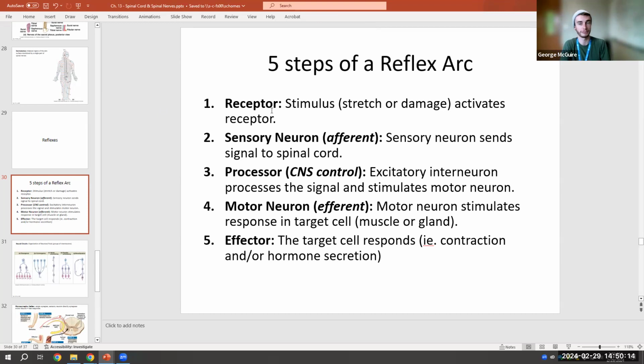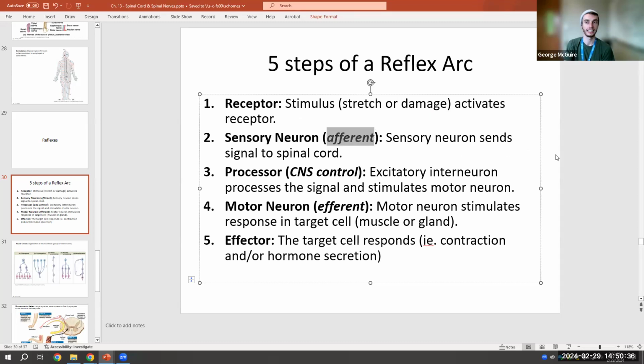You have your receptor, which is responding to whatever stimulus that is, stretch or damage, which could be from heat or directly being cut. That stimulus activates the receptor neuron. The receptor neuron sends a signal down our sensory neuron.